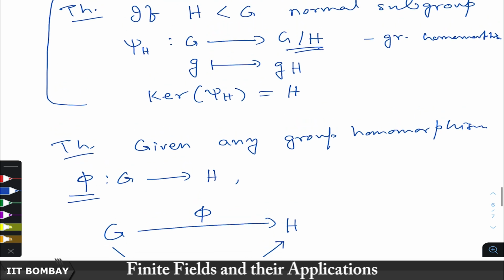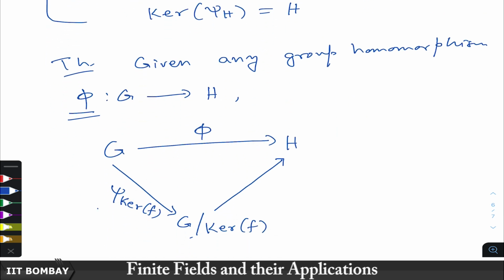So, for the kernel, this map is basically taking the elements of G to their respective cosets. So, there is a collapse happening, the collapse of the whole coset into a single element, the whole coset being viewed as a single element in the quotient group.